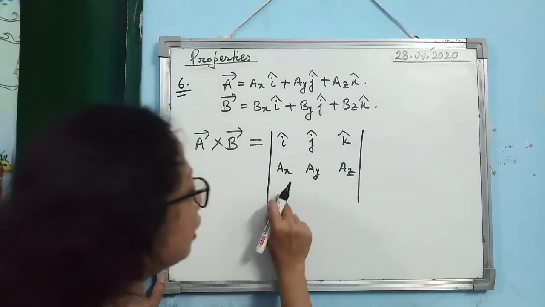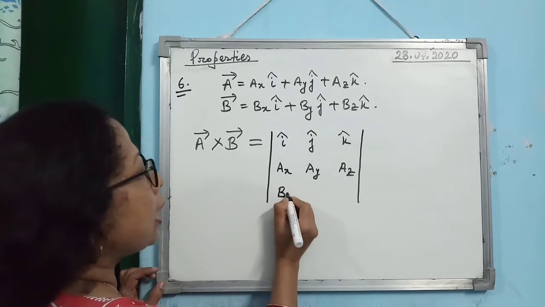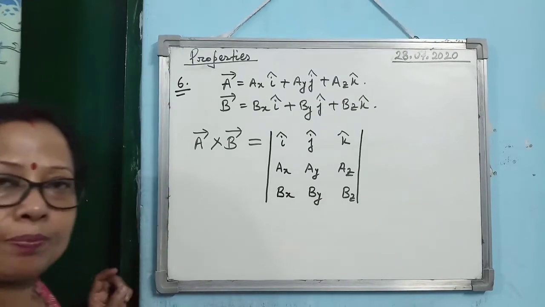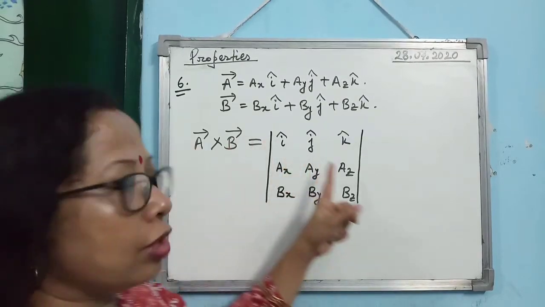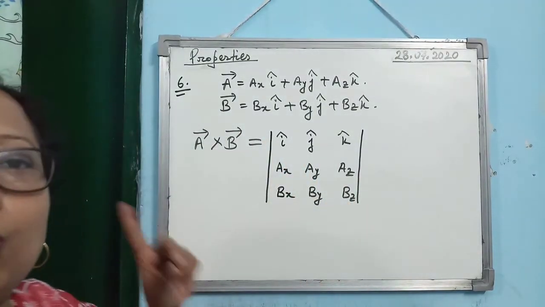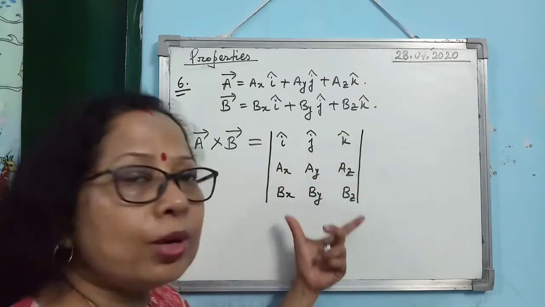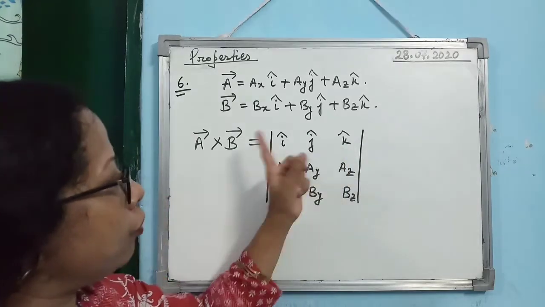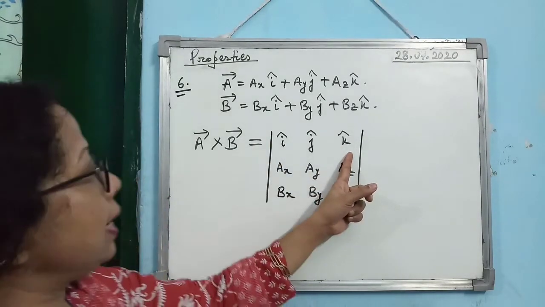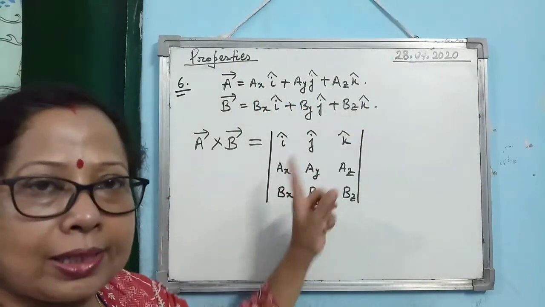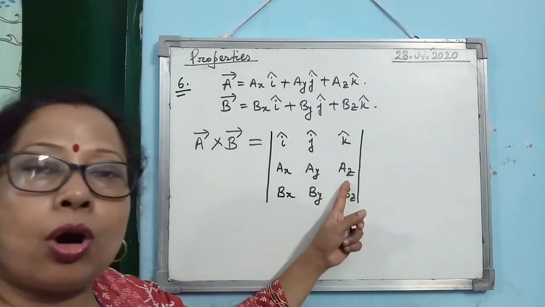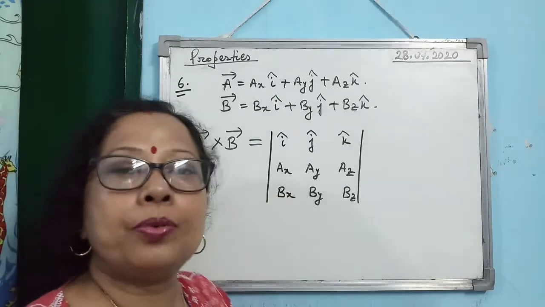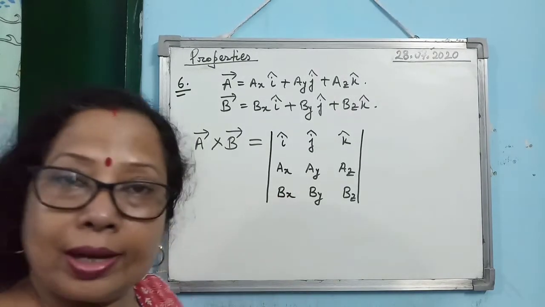Then in the third row, write down the components of the second vector. So I repeat, if you want to find A cross B, you form a determinant where the first row is all the unit vectors, the second row is all the components of the first vector, and the third row is the components of the second vector.